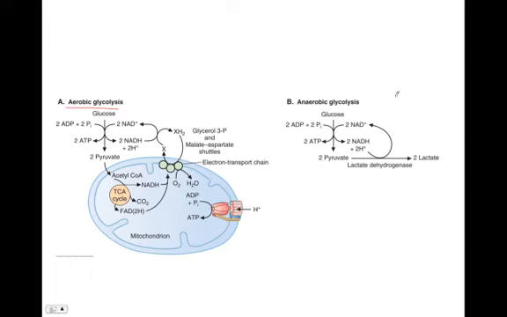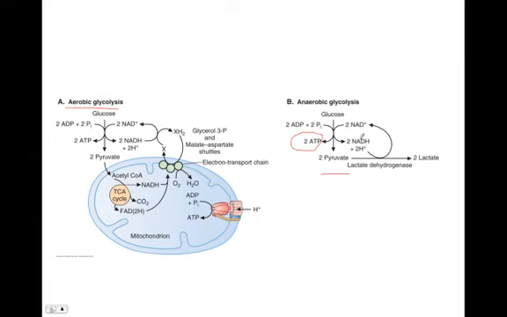In anaerobic glycolysis, or in the absence of oxygen, pyruvate is reduced to lactate. And the cell does this as a means of regenerating NAD+, so that glycolysis can still continue. Under these conditions, glycolysis only produces 2 ATP.